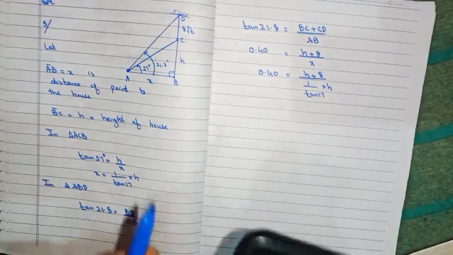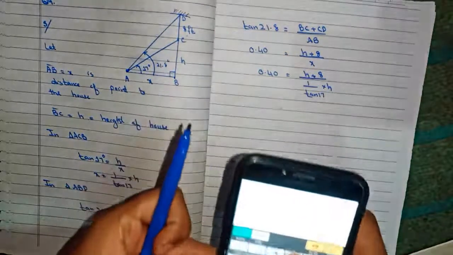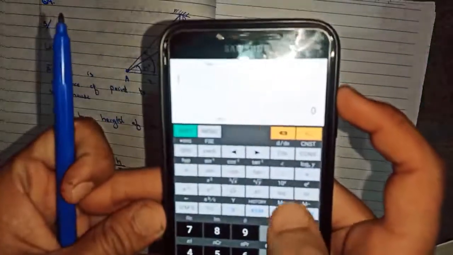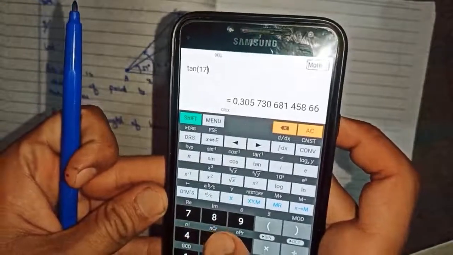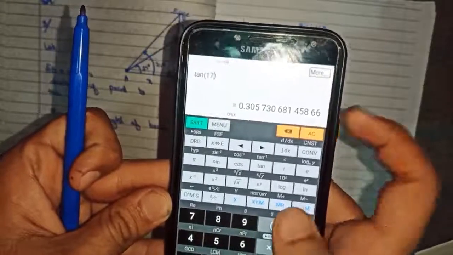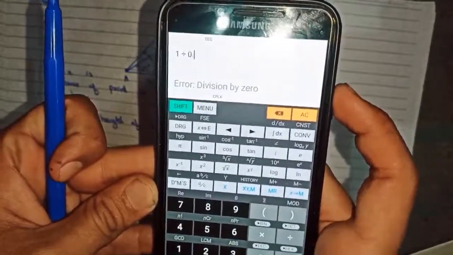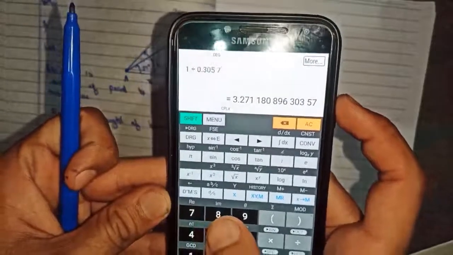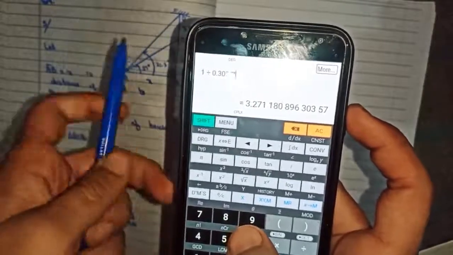Now the value of 1 over tangent 17. Tangent 17 equals 0.3057, and 1 divided by 0.3057 is 3.2711.